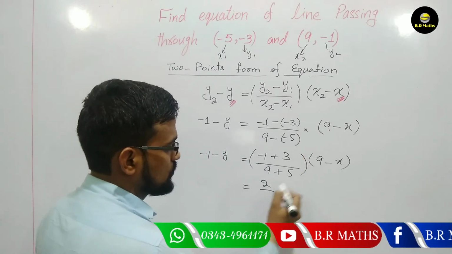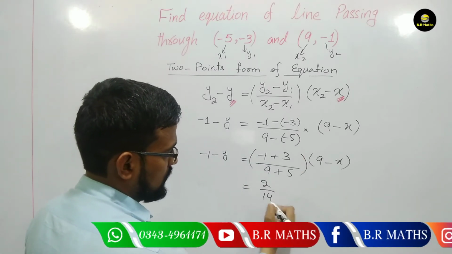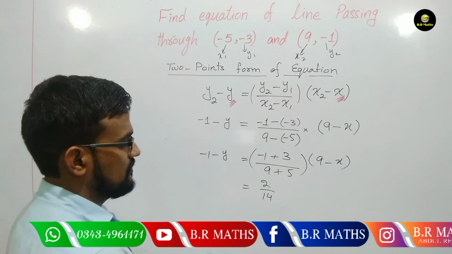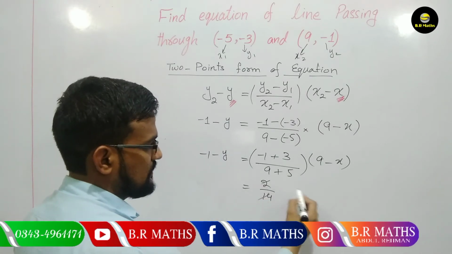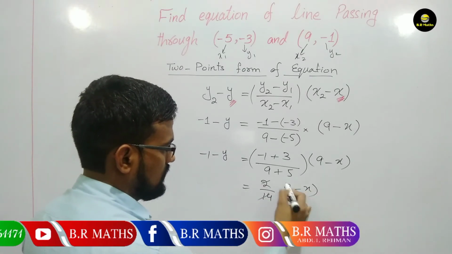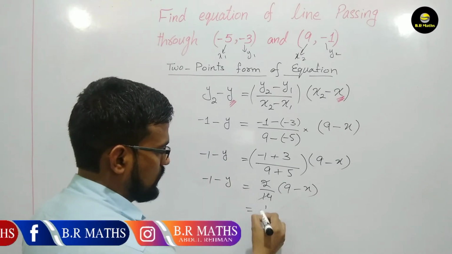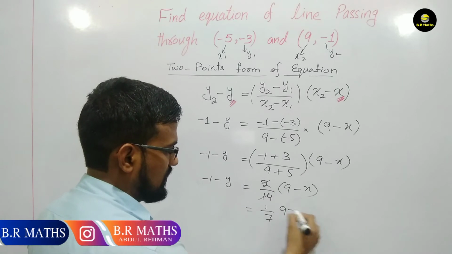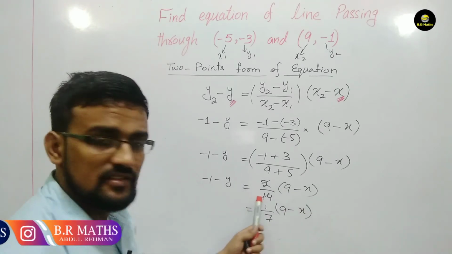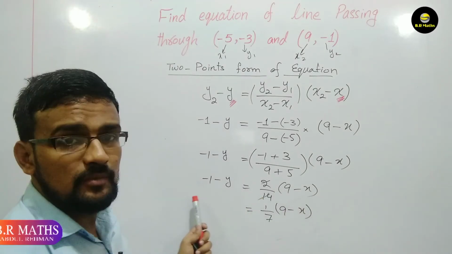It becomes 2 over 14, which cancel with each other, giving 1 over 7, times (9 minus x). The 7 is a divisor, so it becomes a multiple.